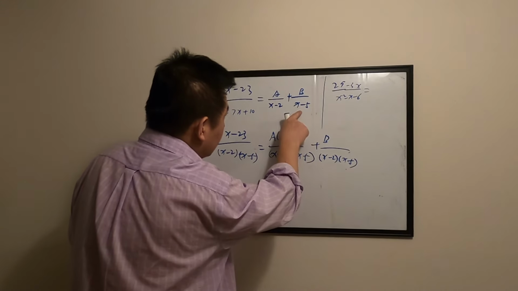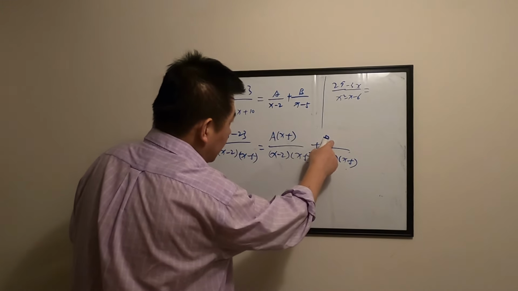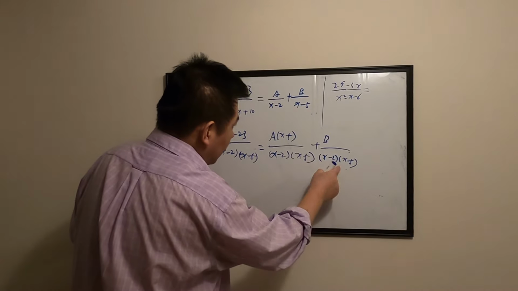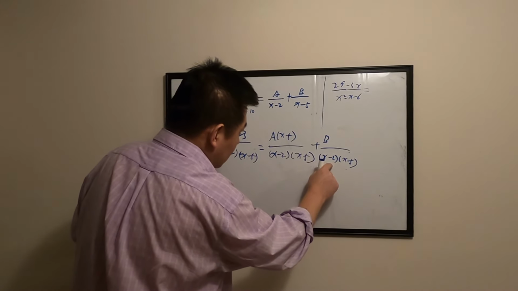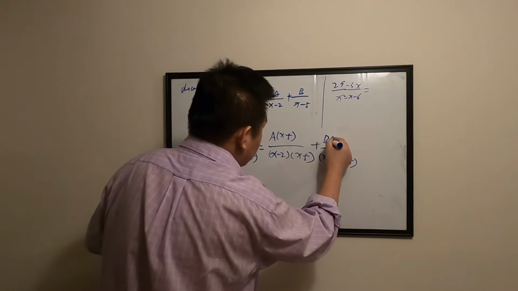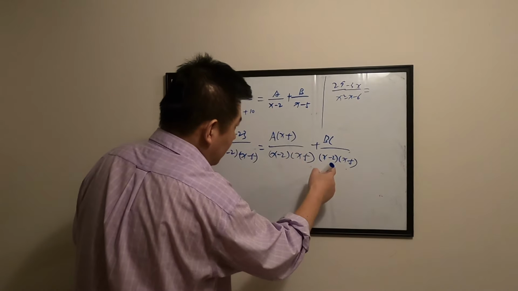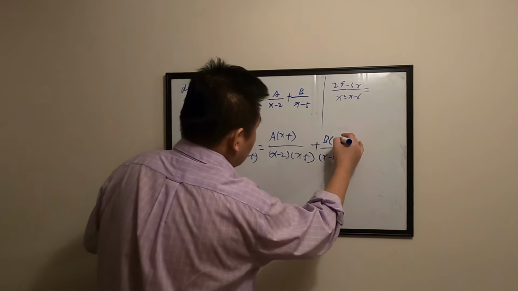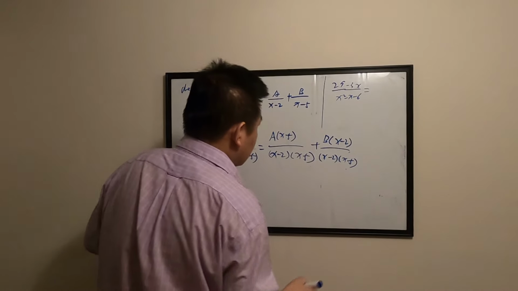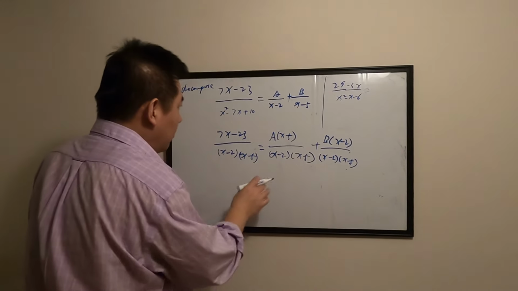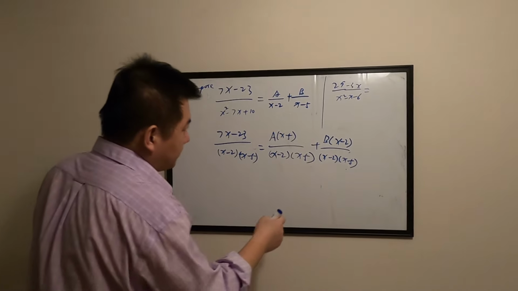So we multiply numerator and denominator at the same time. We have times x minus 2, so the numerator is also times x minus 2. Okay, now we use it here.